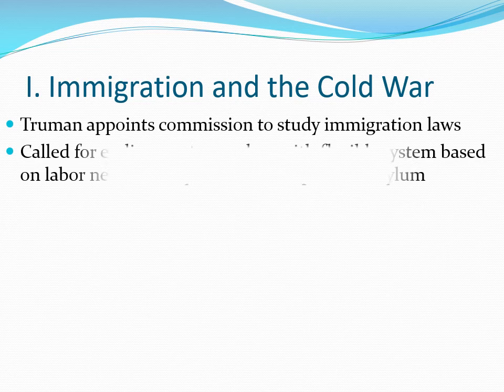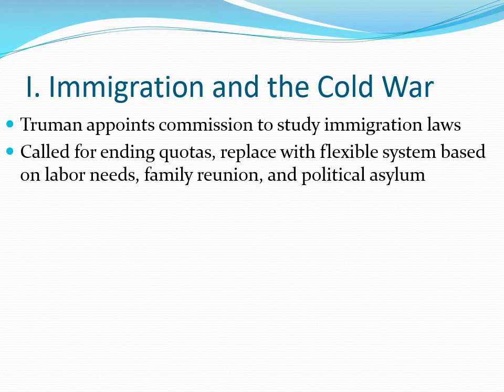Instead, Truman wanted a policy that would end the quota system, allowing people to come from parts of the world that had been effectively closed off as sources of immigration, and have a more flexible system that could accommodate the labor needs of a growing American economy in the post-World War II period, where America was entering that period of sustained economic growth after World War II and would need increasing sources of labor from around the world.